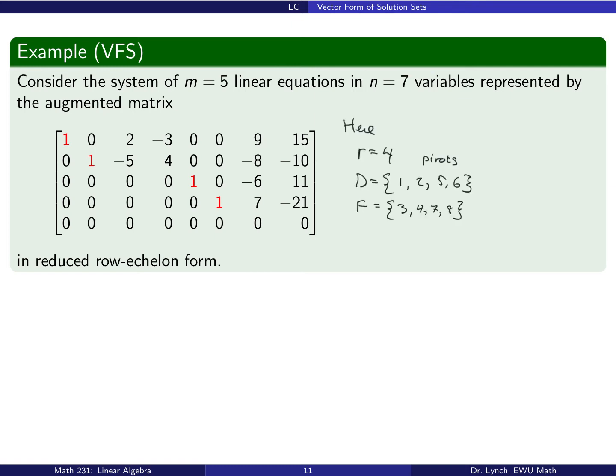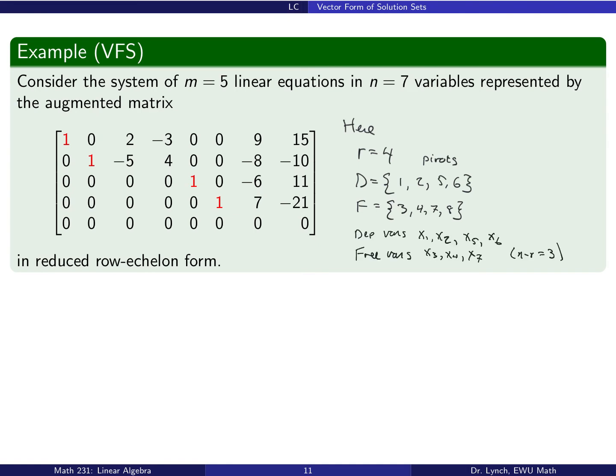In this case, we see that there are r equals 4 pivots. The partition of column indices into the sets D and F are D equals 1, 2, 5, 6 and F equals 3, 4, 7, 8. That indicates dependent variables x1, x2, x5, and x6, and free variables x3, x4, and x7.